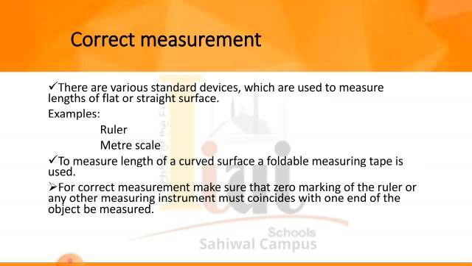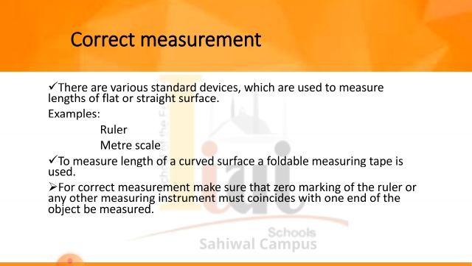So this basically explains that you have to put your measuring tape at a starting point, for example, point A. The zero of your foldable tape must coincide with point A on the circumference of the cylinder.